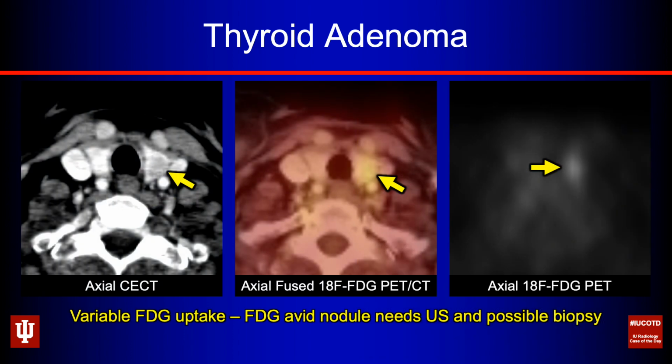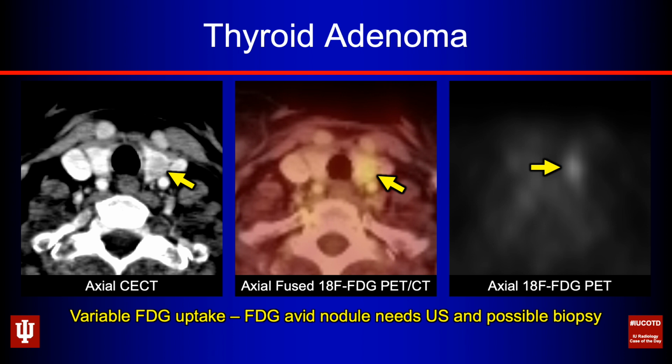So here's an example of a thyroid adenoma. You can see on the axial contrast enhanced CT sort of this heterogeneous but maybe slightly hypodense or hypoenhancing nodule. If we look at our fused FDG PET, yeah, it looks like maybe it's a little bit FDG avid, a little bit tough to tease out from the background thyroid uptake. This is a nice area to look at your actual source PET data, and we can see unequivocally it has FDG uptake.